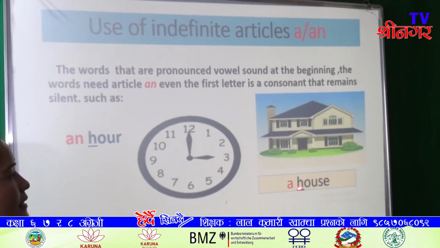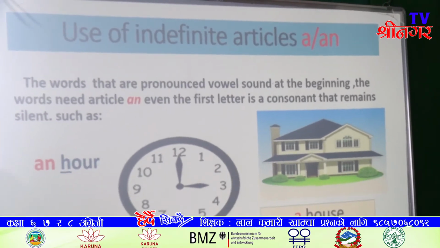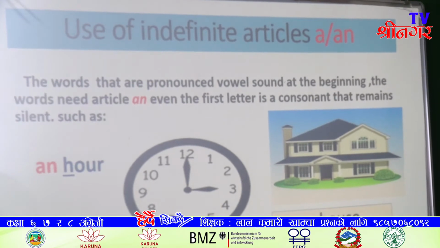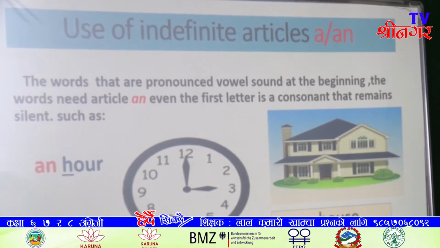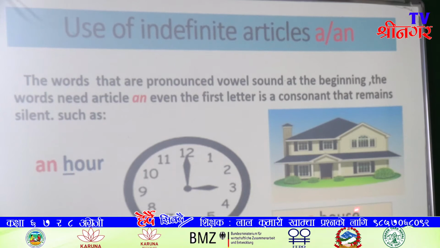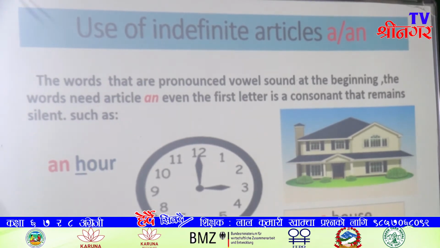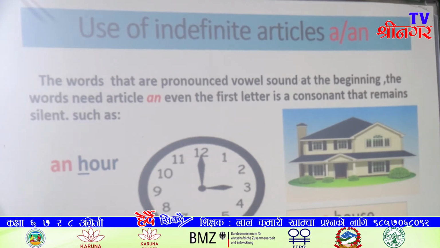It means the first letter is not silent here. We have to pronounce house. Okay, so before house we use a, and before hour we have used an. Okay, so you should be clear.